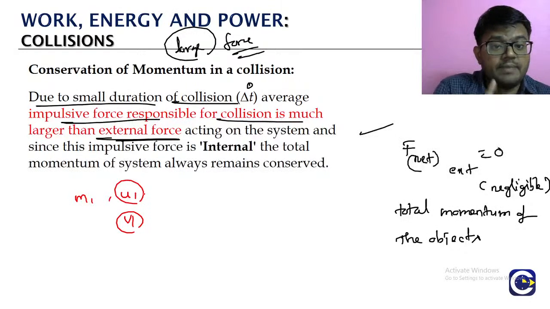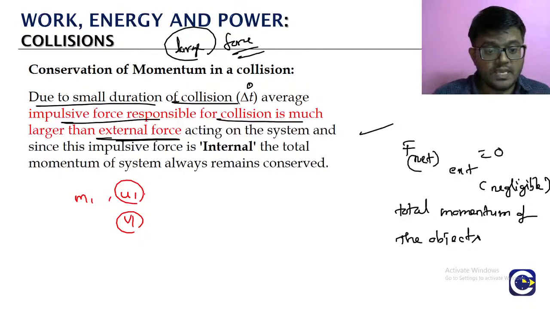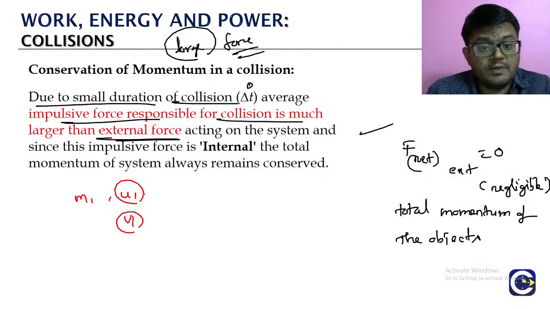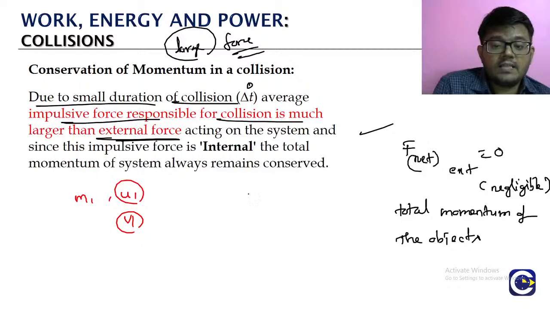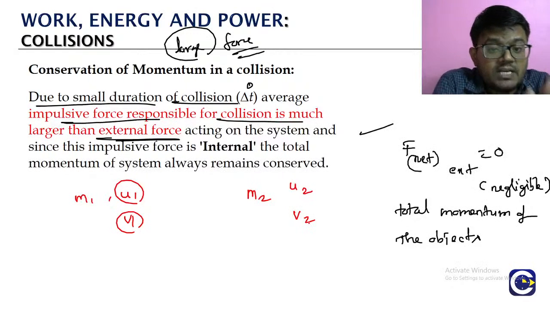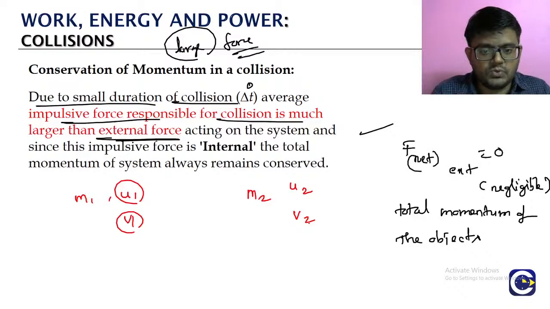We have to keep one thing in mind carefully: velocities are vectors. And object 2 has initial velocity u2 and final velocity v2. Initial means before the collision, and final means after the collision.